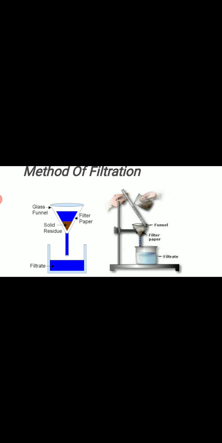Therefore, it is added with the help of the glass rod from one side, along the part which contains the filter paper. Then the precipitate adheres to the surface of the filter paper, and the filtrate is collected in the bottom of the beaker. Okay, student, this is a general practice method we can use in the laboratory for filtration.